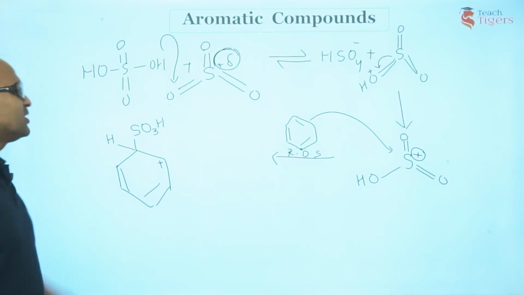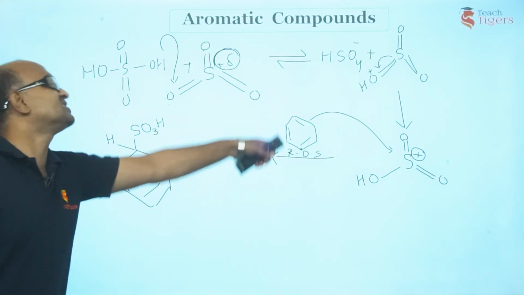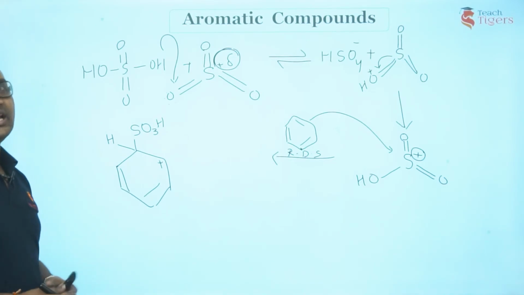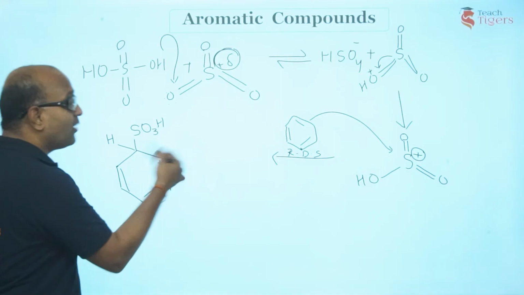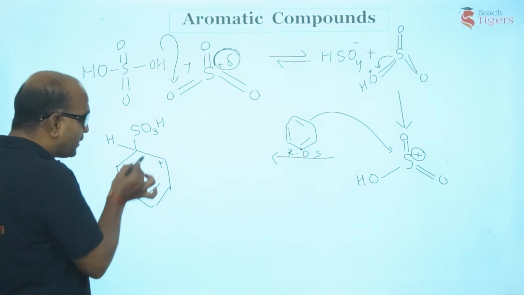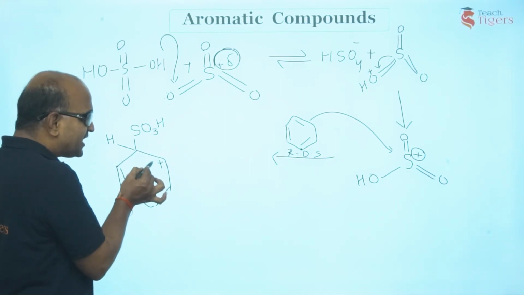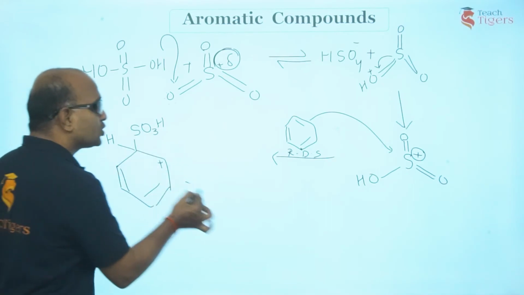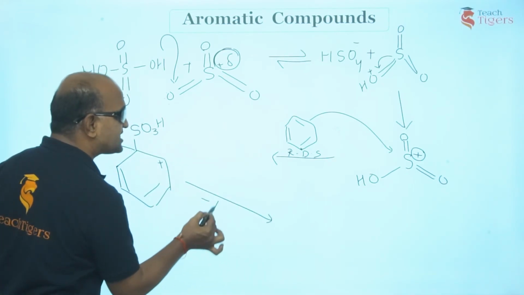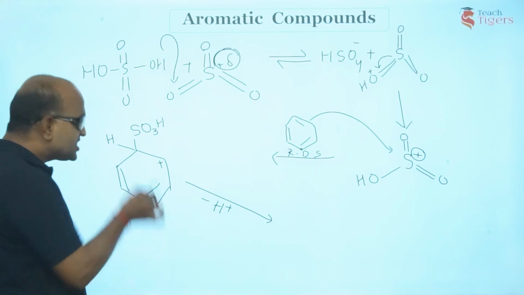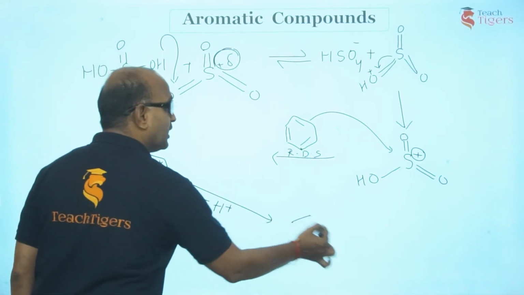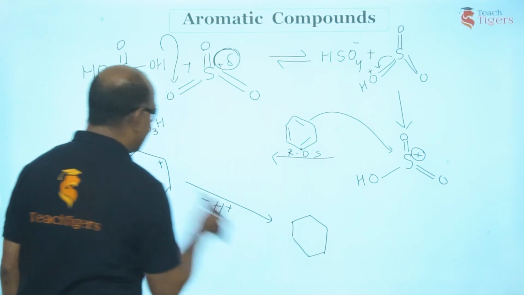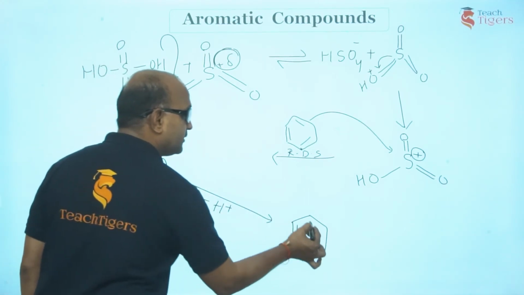Because the benzene ring has lost its aromatic character, it tries to regain its stability. How? By forming the ring. So you have 2 pi bonds, one more pi bond can be generated here. How? If this proton is lost as H plus, this carbon gets a positive charge and then a pi bond can be formed, resulting in the aromatic ring.